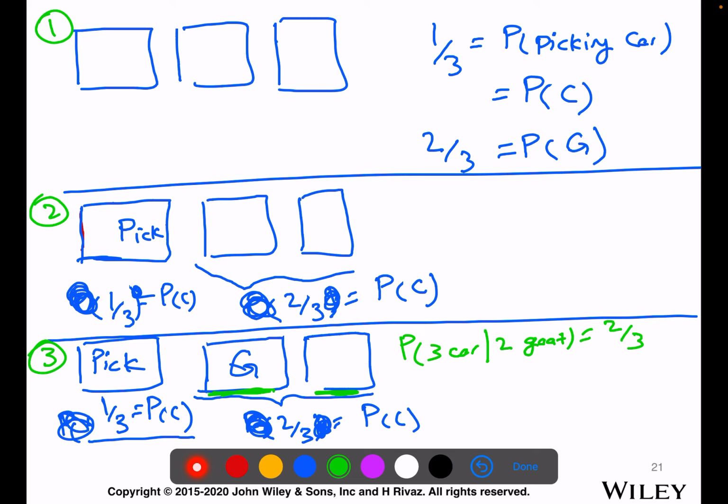In other words, the probability of this door having the car is 2/3, and the probability of your door having the car is only 1/3. So there's twice the chance of winning the car if you switch.